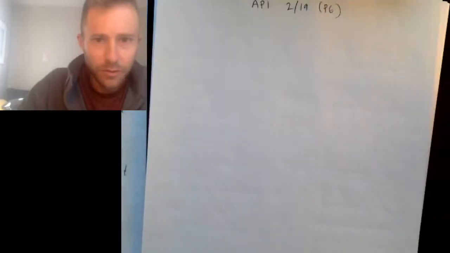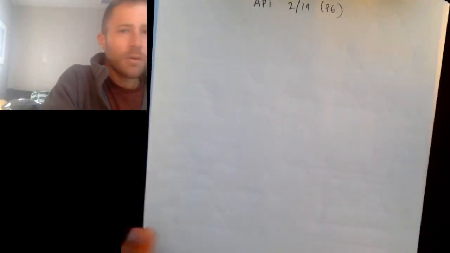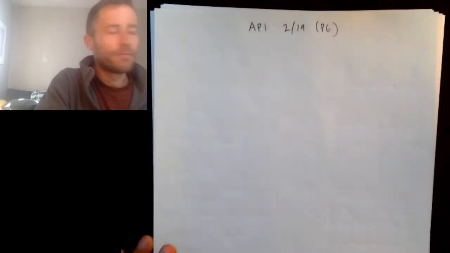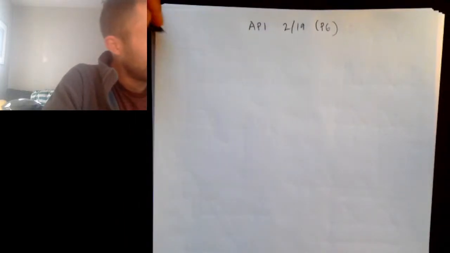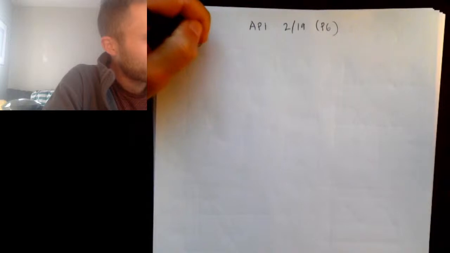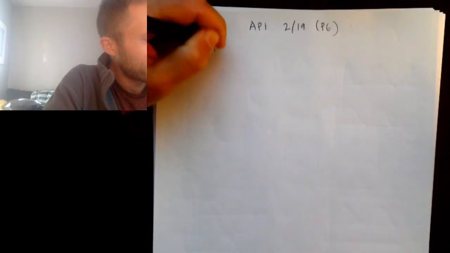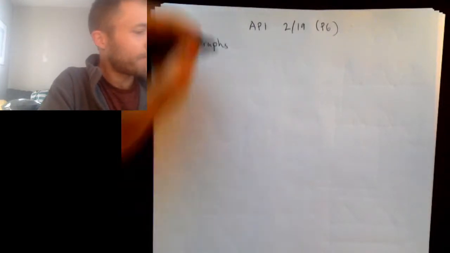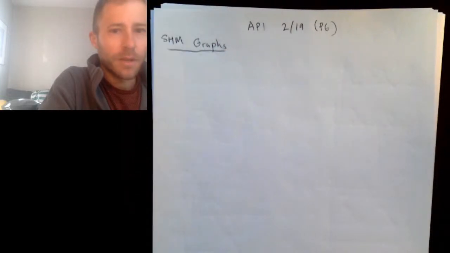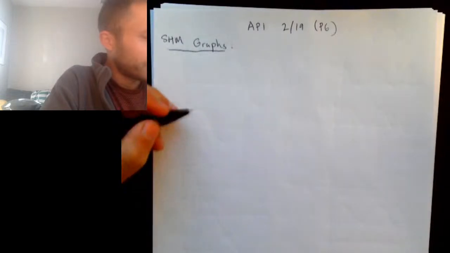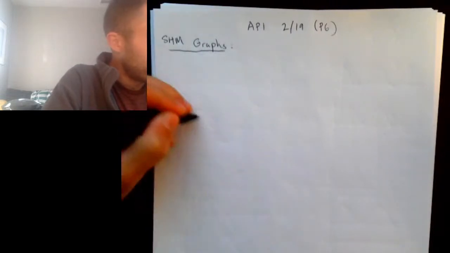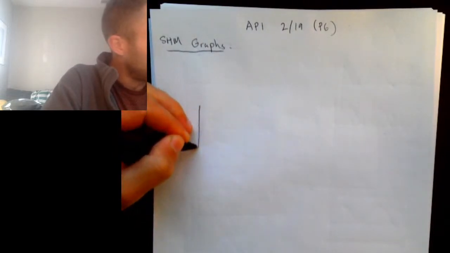So what is this lesson about? We are going to talk about simple harmonic motion graphs. We'll start off just by drawing a position time graph.